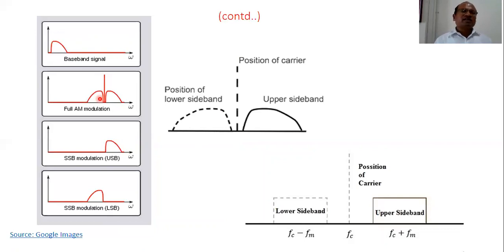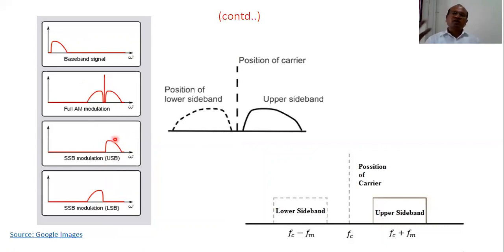So now you can see here there is an upper sideband and a lower sideband. As I told you, in SSB we can transmit either the upper sideband or the lower sideband. In the third diagram, we can pass the upper sideband and reject the lower sideband. In the fourth diagram, we are passing the lower sideband and rejecting the upper.